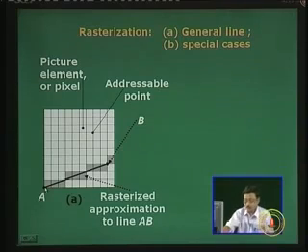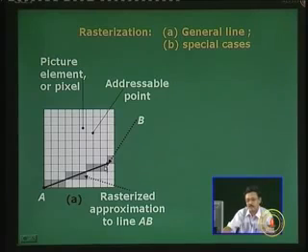For line AB, which are the pixels to be switched on? For this particular example, the rasterized approximation to line AB means that you will not see the dark line joining points A and B as talked about here, but you will see these gray shaded pixels, square blocks.